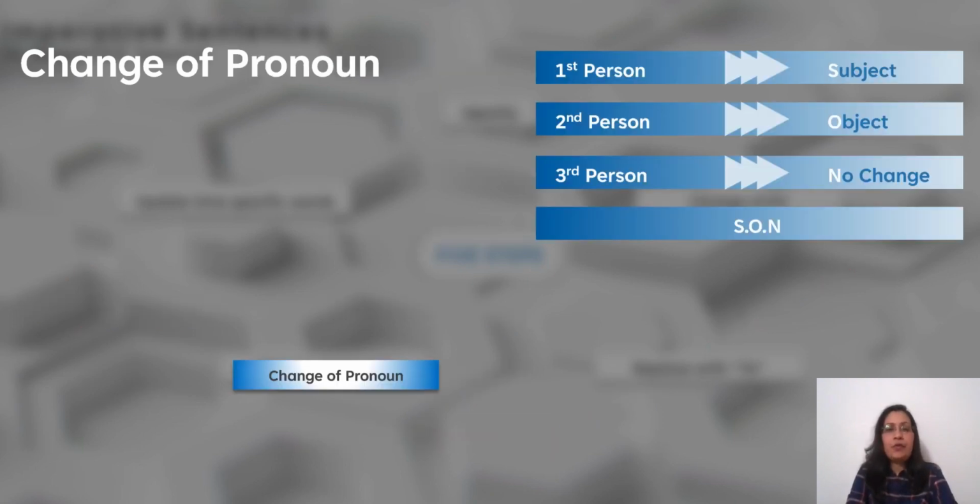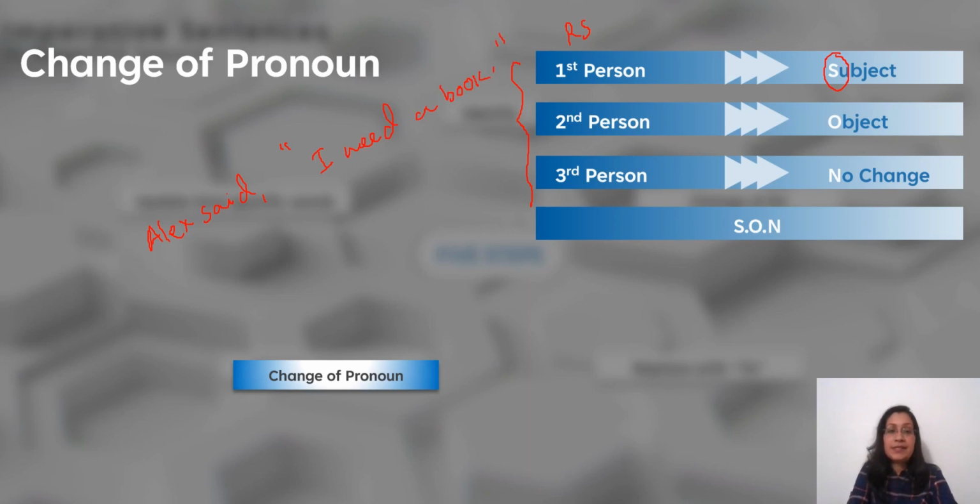As we already know, we can change the pronoun using this formula SON, where if the reported speech is in first person, then it changes according to the subject of the reporting verb, right? Alex said, I need a book.